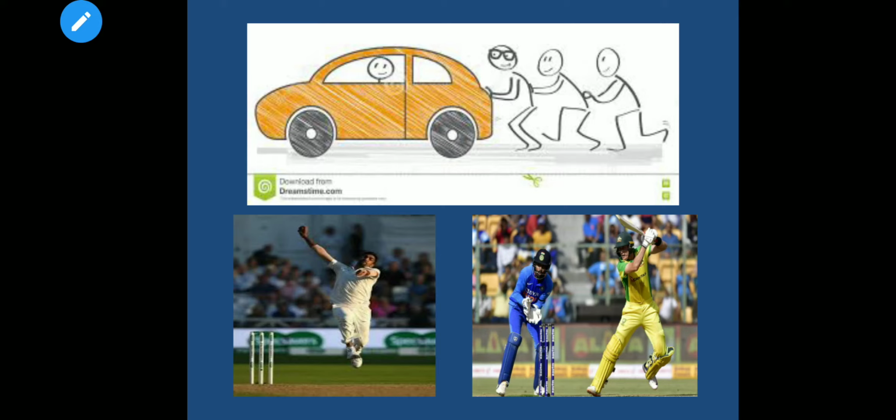Let's take another example. If you are playing cricket, and the ball is coming at you at high speed, or we can say at high momentum, you will have to apply more force to change its momentum. But if the ball is coming at a slow momentum or speed, then you have to apply less force to change its momentum.